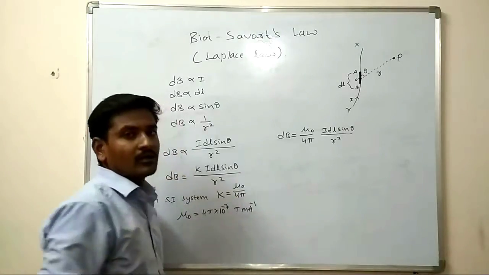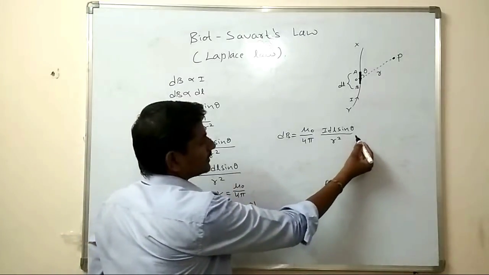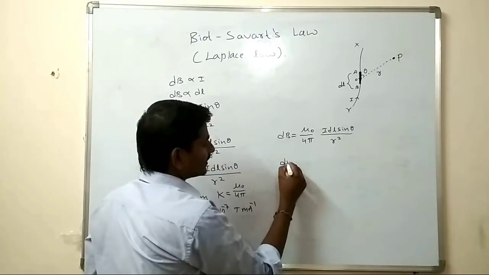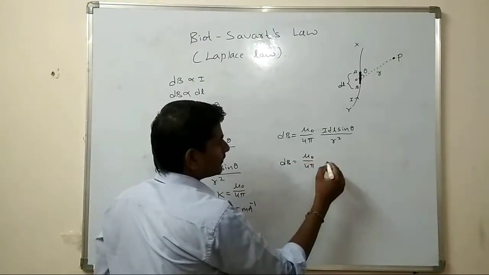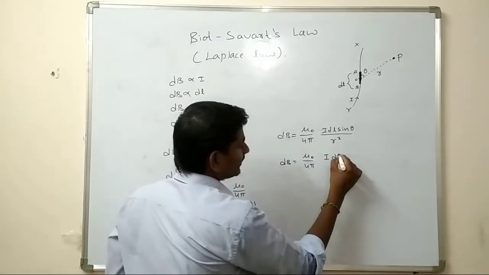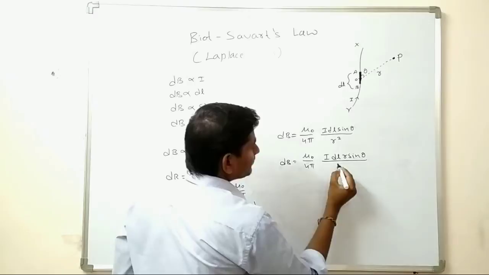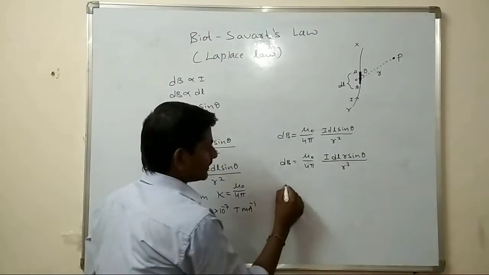If we want to write the vector form of Biot-Savart's law, then let us multiply and divide the right hand side of this expression by r. We will get dB is equal to mu naught divided by 4 pi I into dl into r sin theta divided by r square into r, that is r cube.